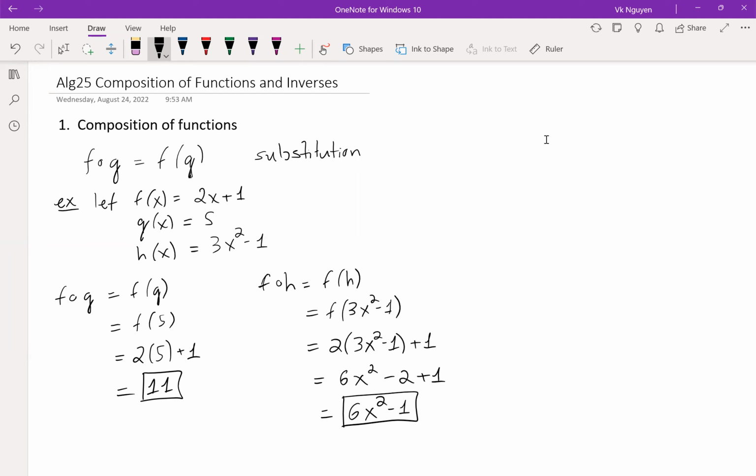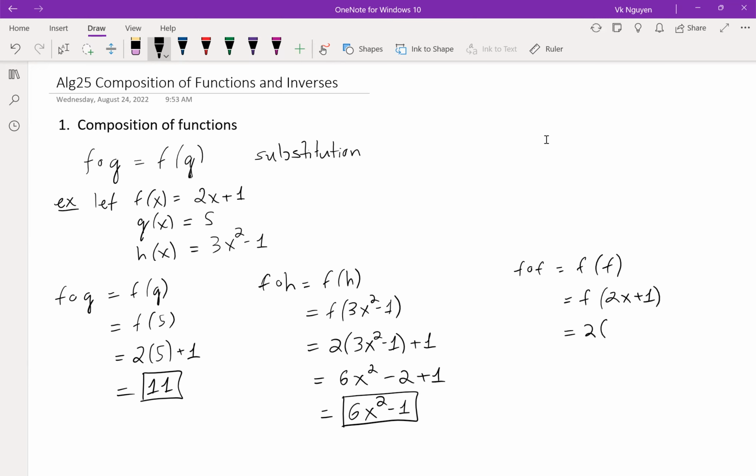We can also compose F with itself. F circle F, just F of F. And F of the function F is 2x plus 1. Similarly, we do the substitution. We sub 2x plus 1 into x.